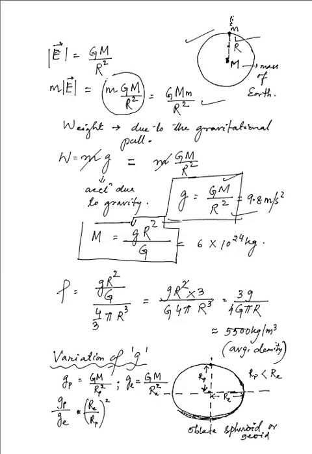And as we know that r_e is greater than r_p, so this will be greater than 1. Therefore we can say that the gravitational pull at the poles is greater as compared to the gravitational pull at the equator.